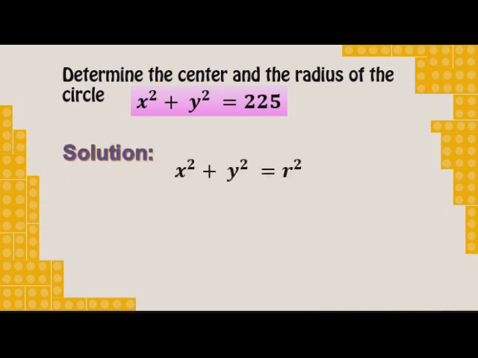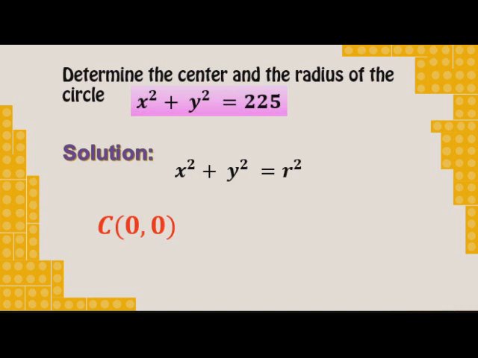First, we are going to have the formula. Since our left side is x squared plus y squared, your center is always at 0, 0. I hope you got it. Let's proceed now to how to find the radius.